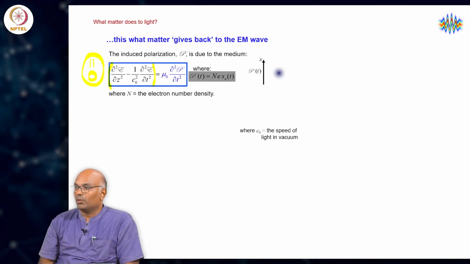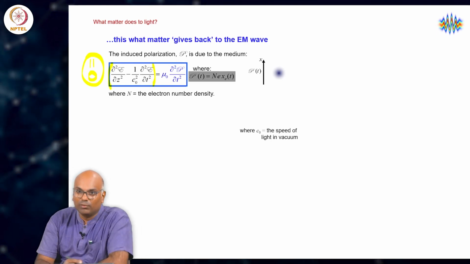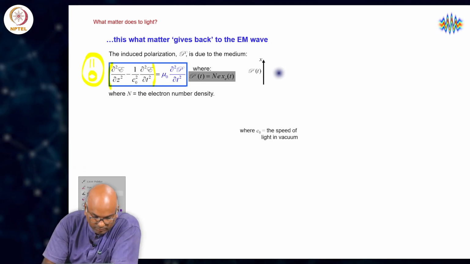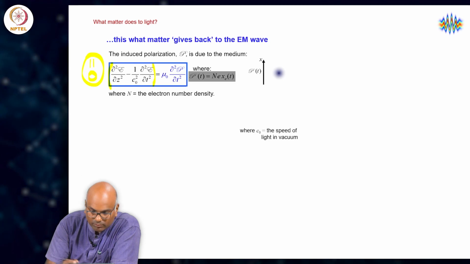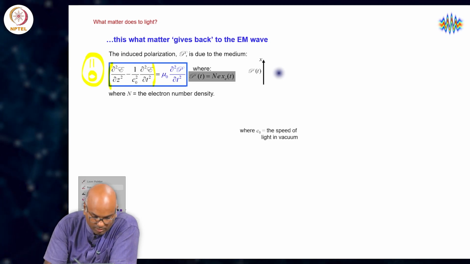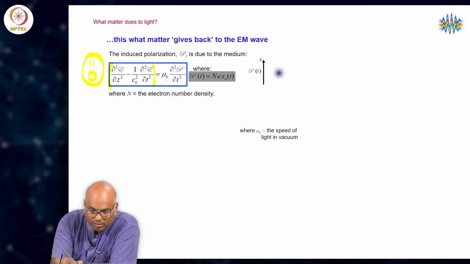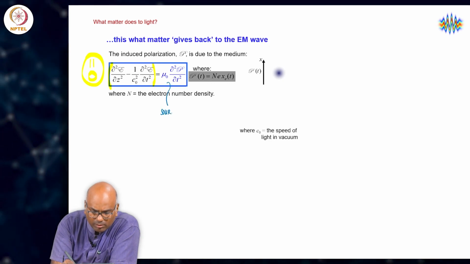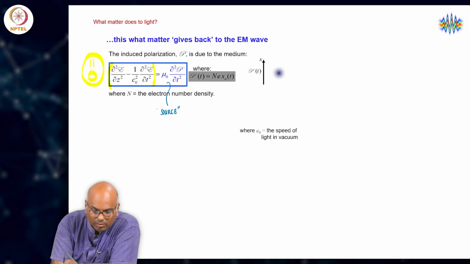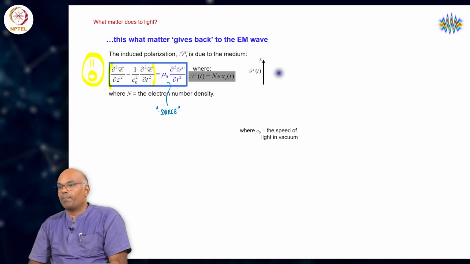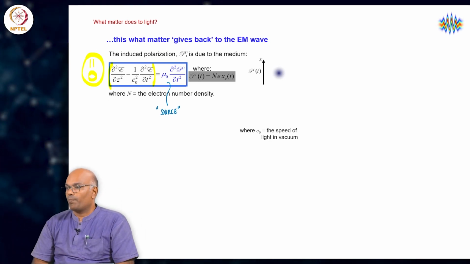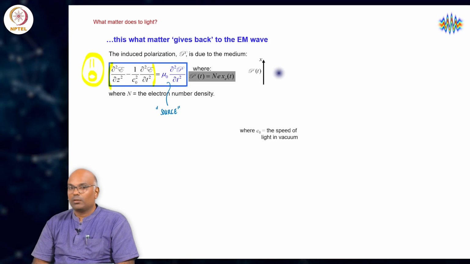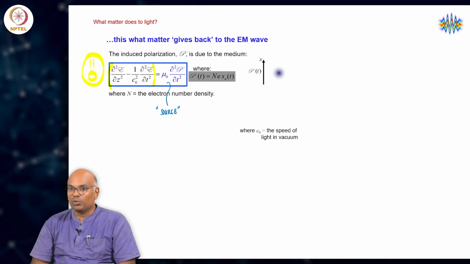But now, the wave exists, but what is on the right hand side? The thing on the right hand side is behaving like a source.